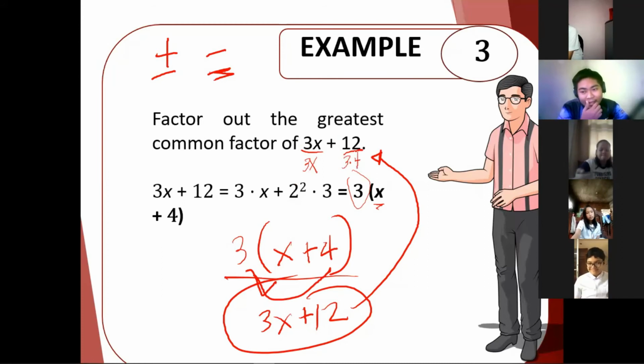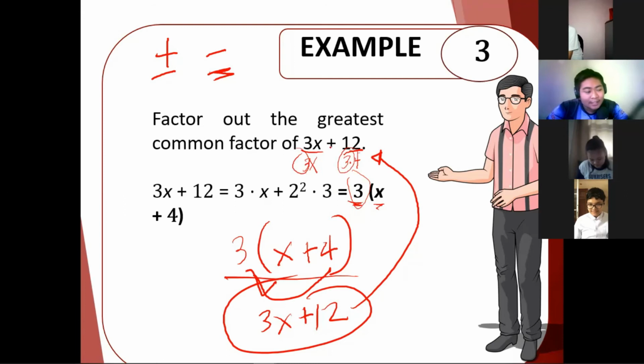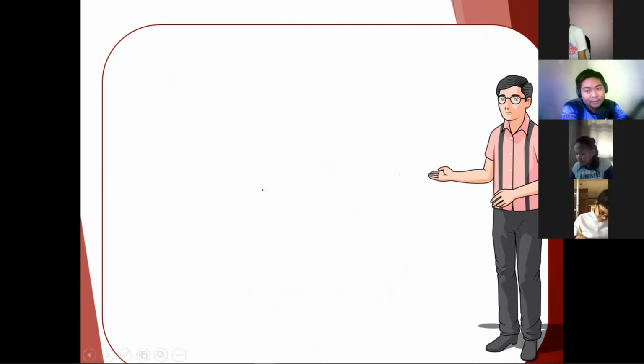So, when we remove 3, which we took out as a common term, what is left inside is x and positive 4. So, that would be x and positive 4.